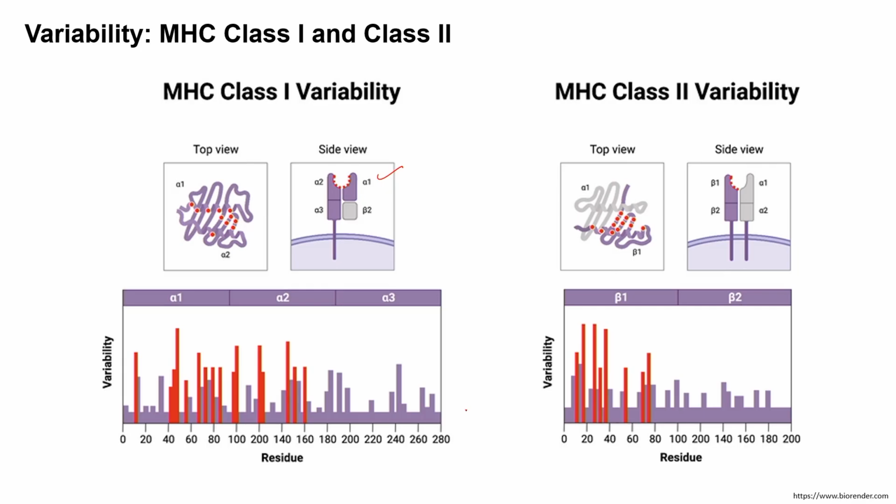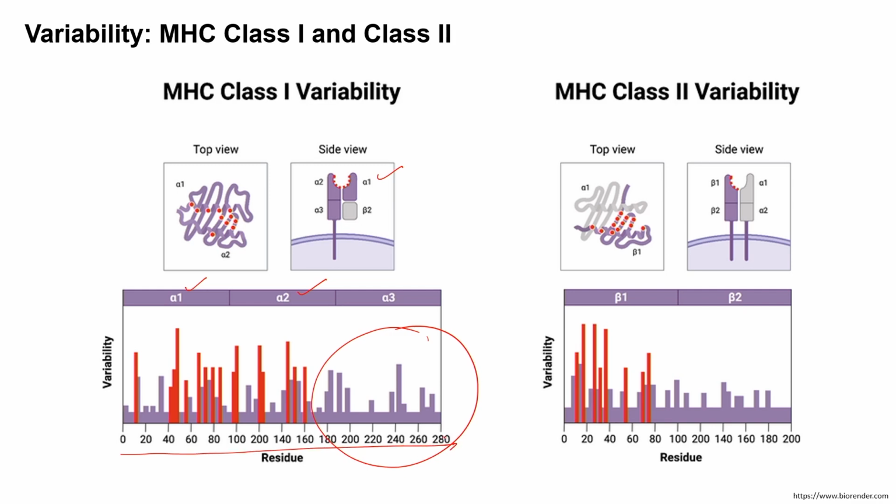And therefore, when people started doing the sequencing of the amino acid pattern on the alpha 1 and alpha 2, they found that there is great variation in alpha 1 and alpha 2, while alpha 3 is mostly constant. So this is the residue of amino acid.